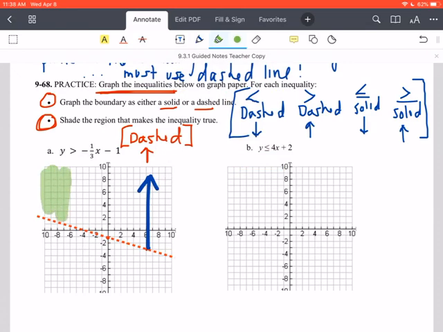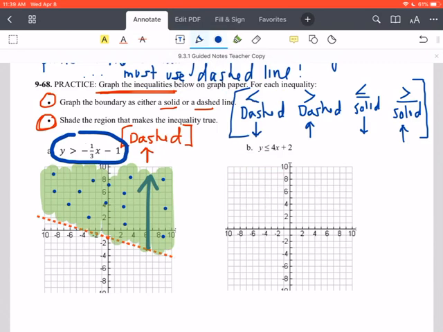So then I can get out my pencil, or a lot of people like to use highlighters, and shade this region, and there is our answer. Every single point in this region, these XY pairs, whether they're decimals, a combination of negatives and positives, will make the original inequality true when you plug it in and do the math.